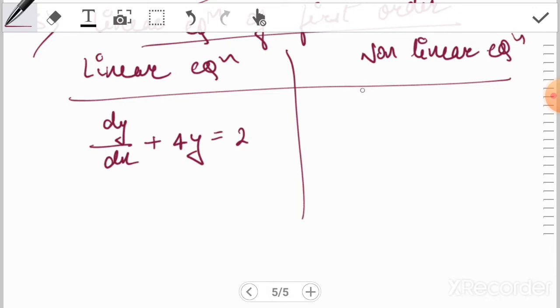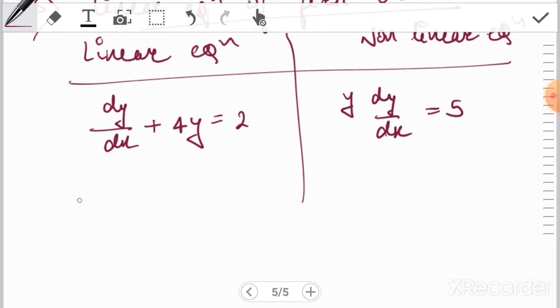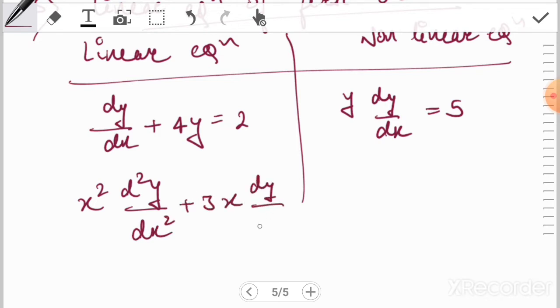And for non-linear we can have y dy by dx is equal to 5. So this is the non-linear equation. Similarly, if the equation contains a term such as x square d square y by dx square, do not confuse, this is again a linear differential equation.